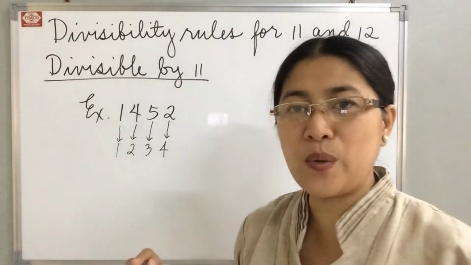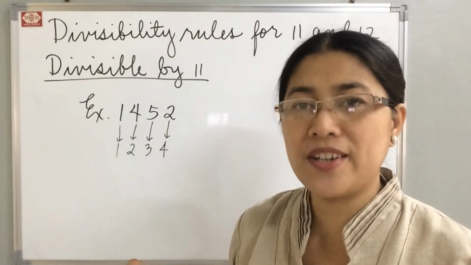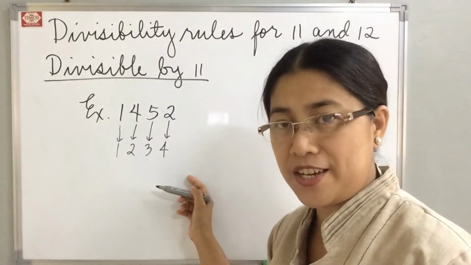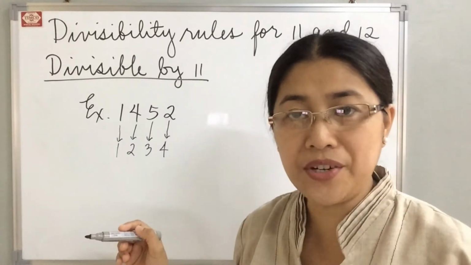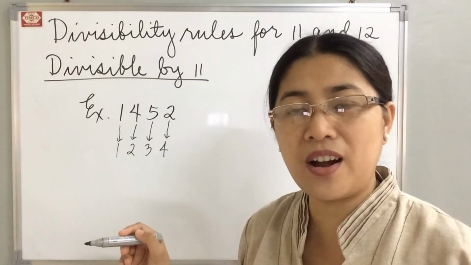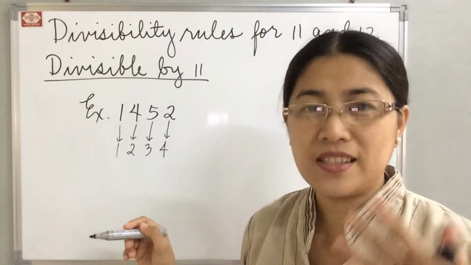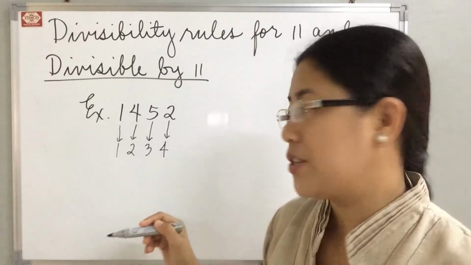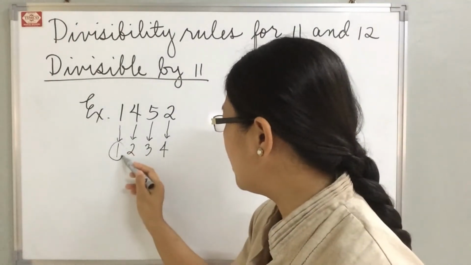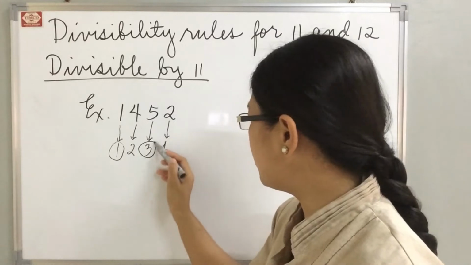Let us now identify the odd numbers in our numbering here. Do you know what are odd numbers? We have 1, 3, 5, 7, 9, and so on. So we have here two odd numbers, 1 and 3.